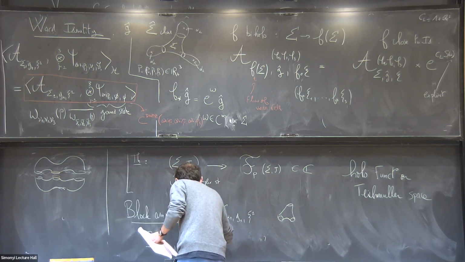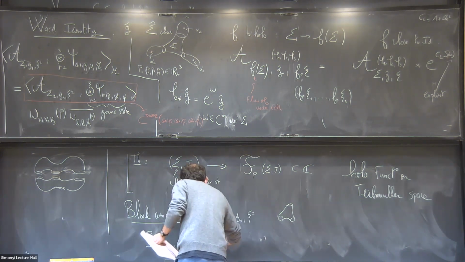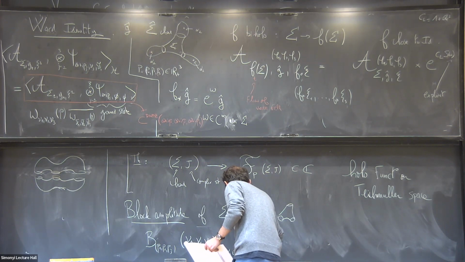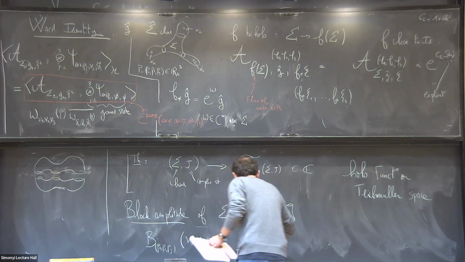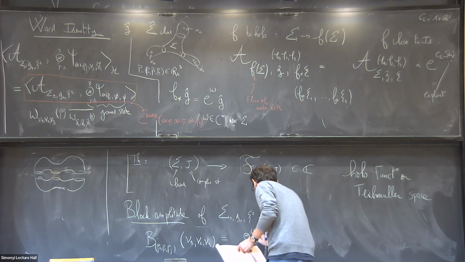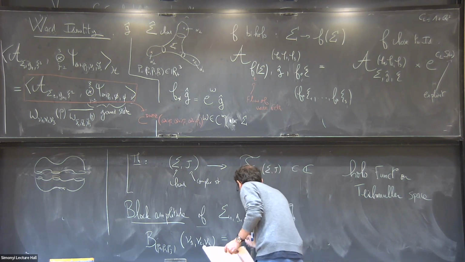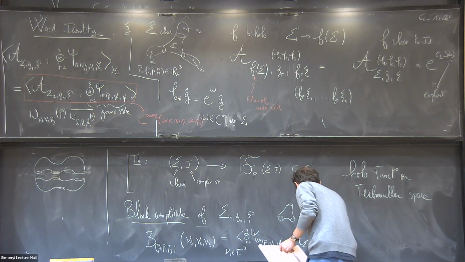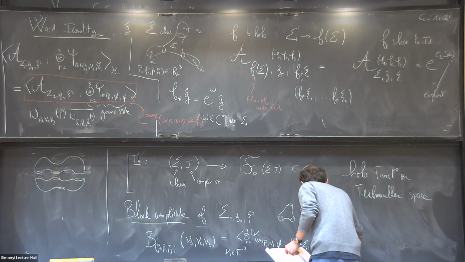And it's going to be a function on a triplet of Young diagram. And this is nothing more than the Fourier coefficient with respect to our basis of the amplitude, the Liouville amplitude of the pair of points.